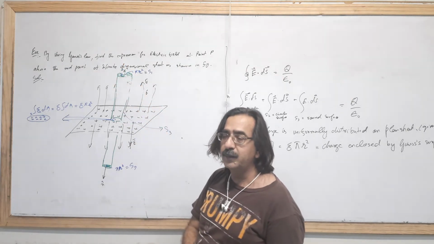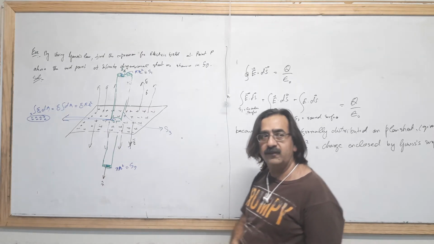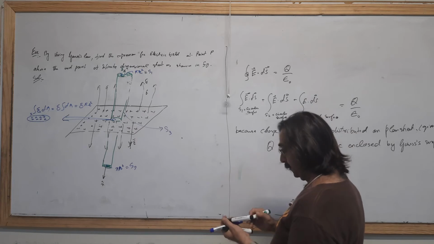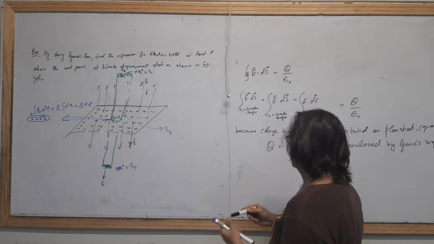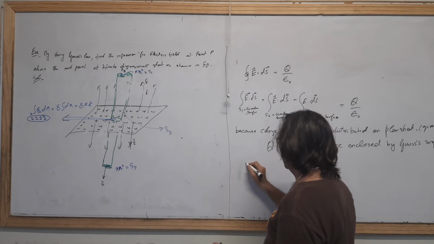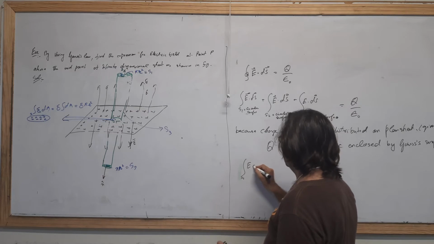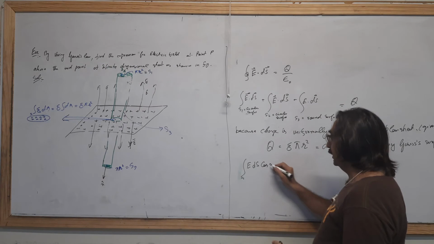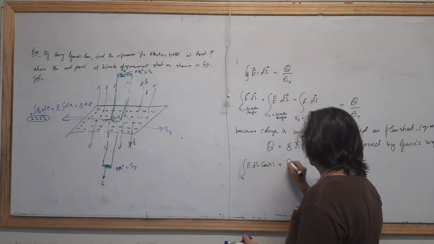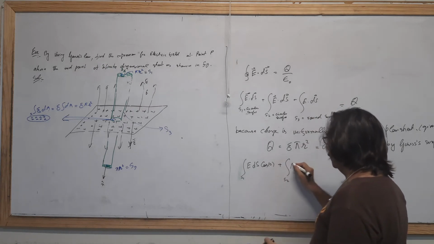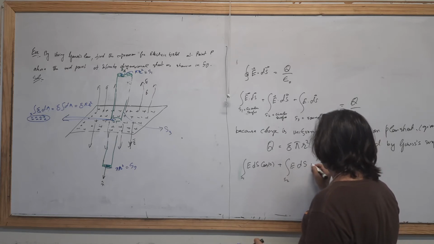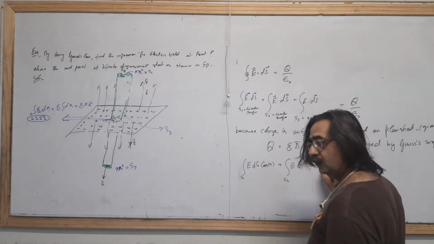So the angle between E and S1 will be 0. So you will get, for S1, E ds cos 0, plus S2, E ds cos 0.